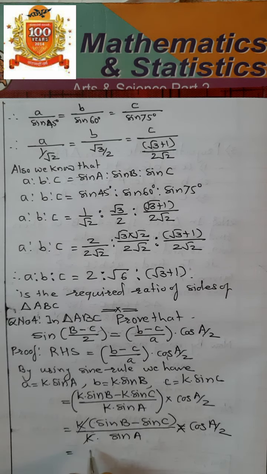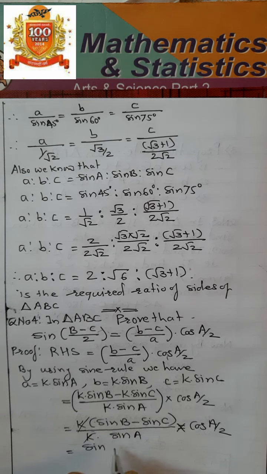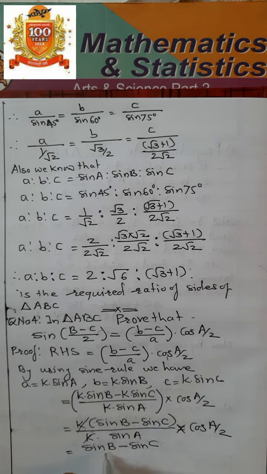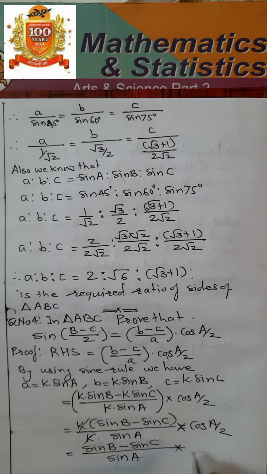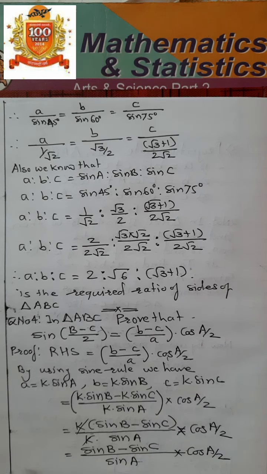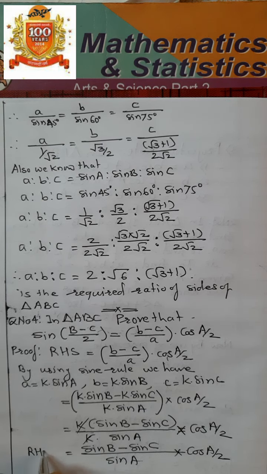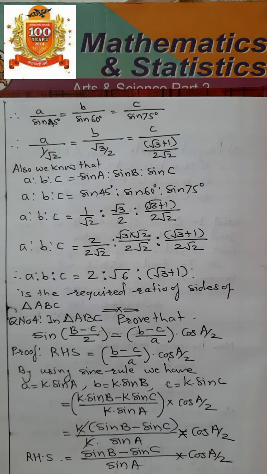We have sine B minus sine C upon sine A into cos A by 2. This is our RHS.